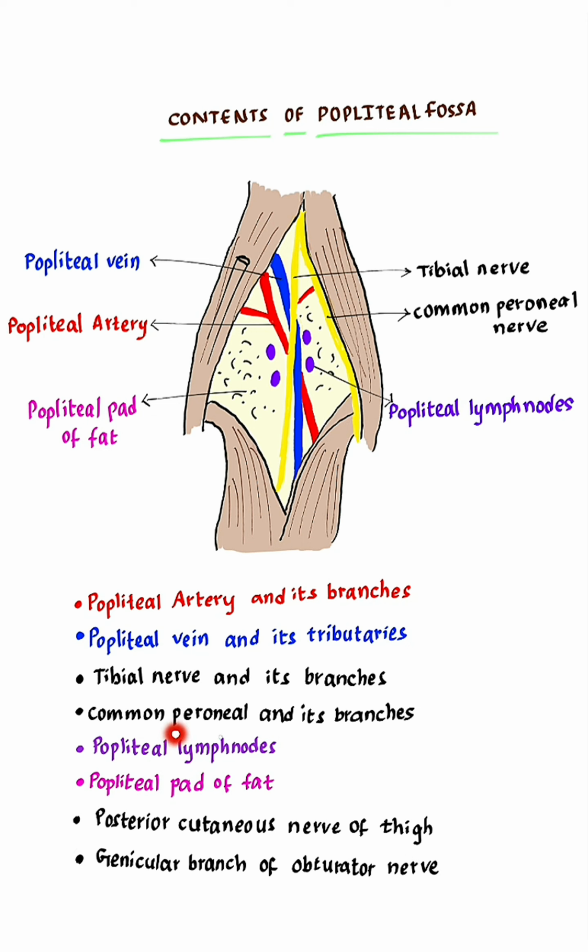There are 4 nerves: tibial nerve and its branches, common peroneal nerve and its branches, posterior cutaneous nerve of thigh, genicular branch of obturator nerve.